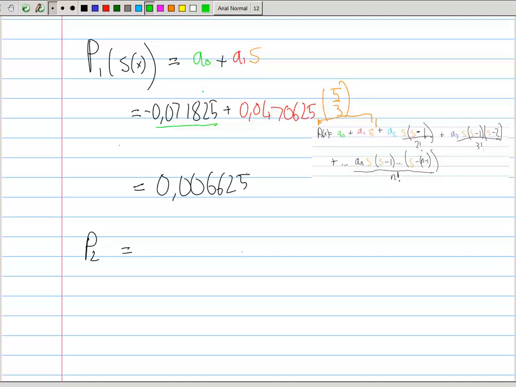So we're going to have our a0 plus our a1 multiplied by s plus our a2 multiplied by s times s minus 1, all over 2 factorial.